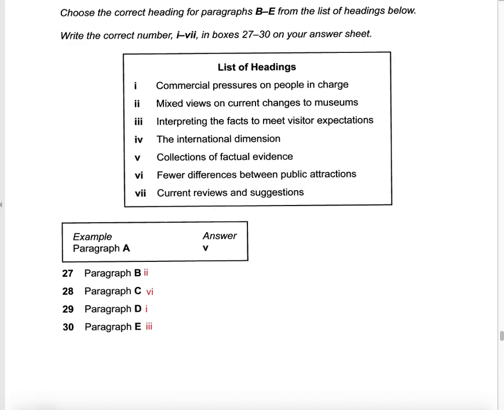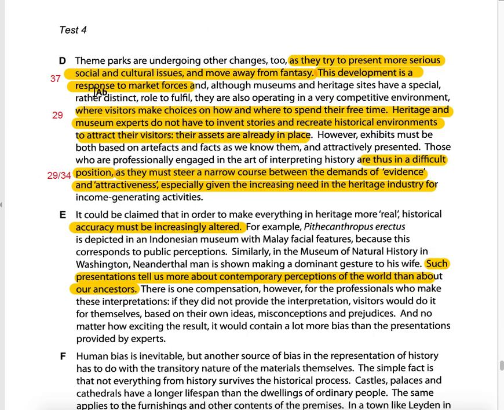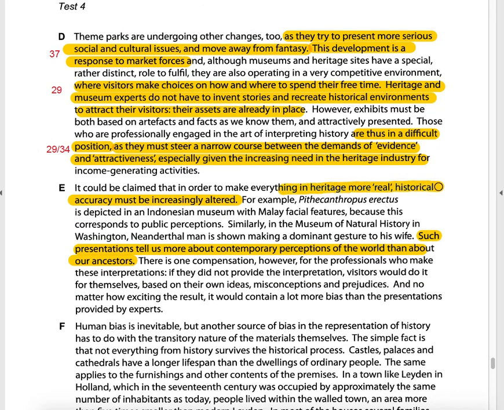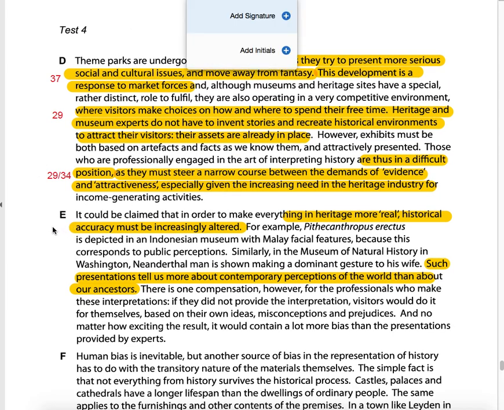So they're very close, those two. Again, D is telling us that they feel pressure to change, and E is telling us that they do change it right over here to make it more real. Okay? So that's 30 right here.